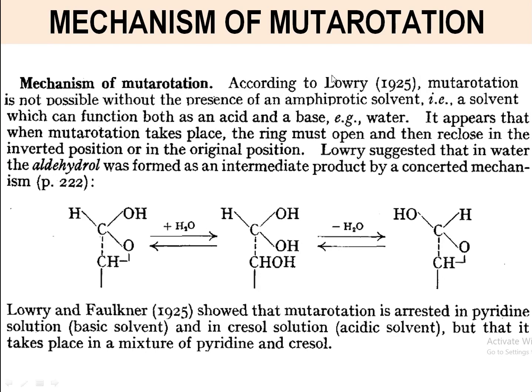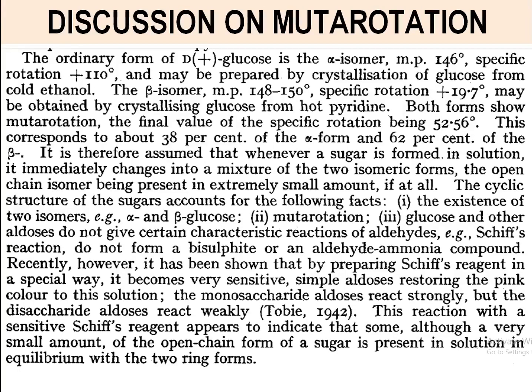The important point is that when mutarotation occurs, we have two forms of glucose, the alpha form as well as the beta form, and there is 38% of the alpha form and 62% of the beta form, and we end up in a solution where the open chain form is very minimal in number.